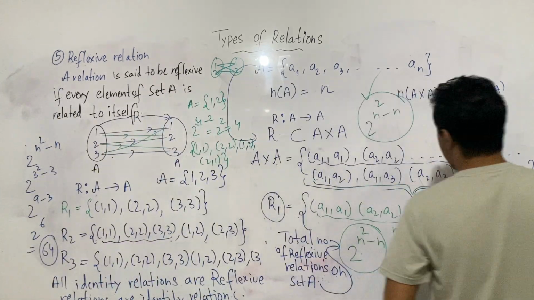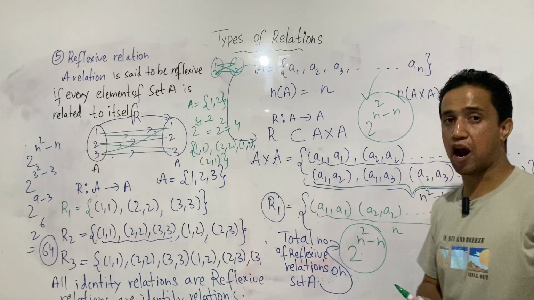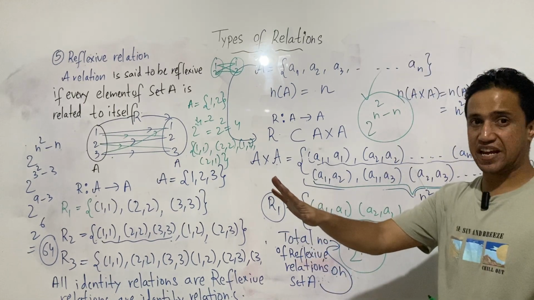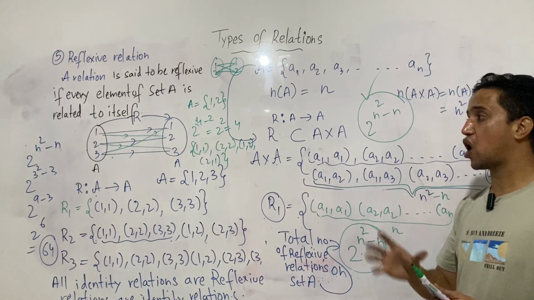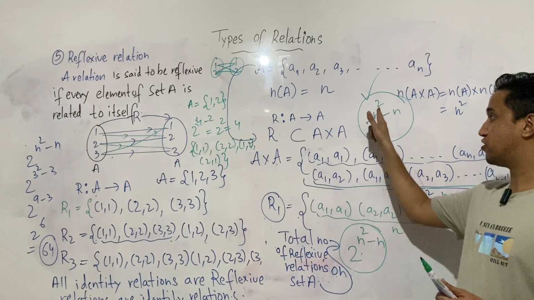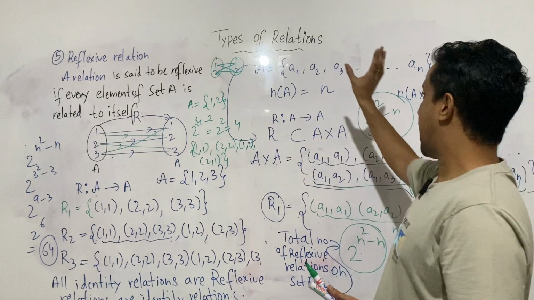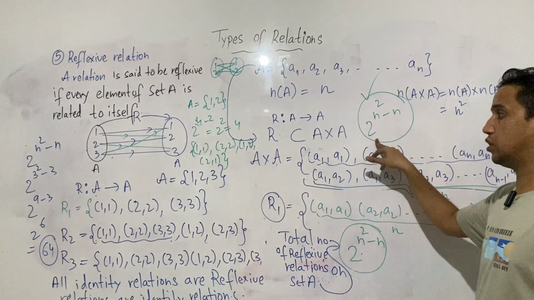Always remember, how many identity relations are possible on set A? Only 1. And how many reflexive relations are possible on set A? 2 raised to power n square minus n. Just n is the number of elements in the set, just put in the value and you will get it.